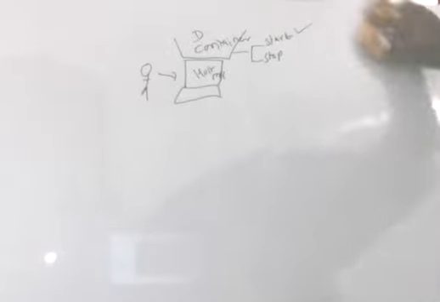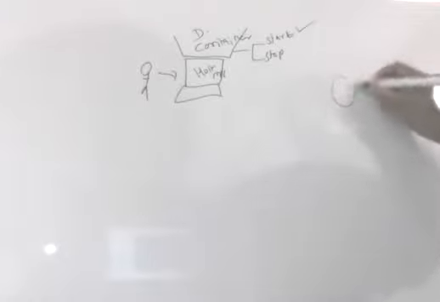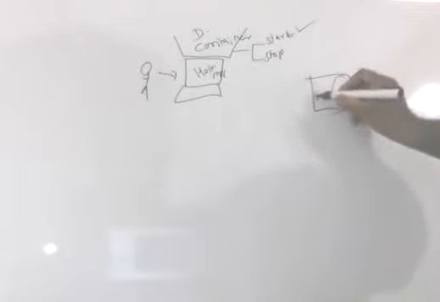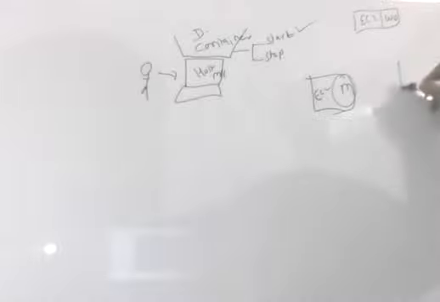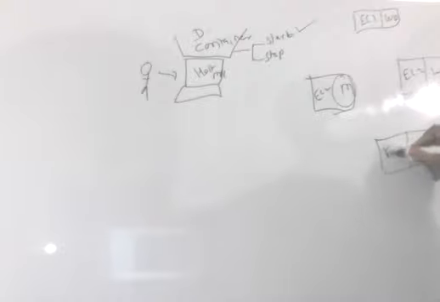So let me draw it again with minimum nomenclature. This is a master node, which is an EC2 actually. Then there is one more EC2, which is worker 0, one more EC2, which is worker 1, one more EC2, which is worker 2.